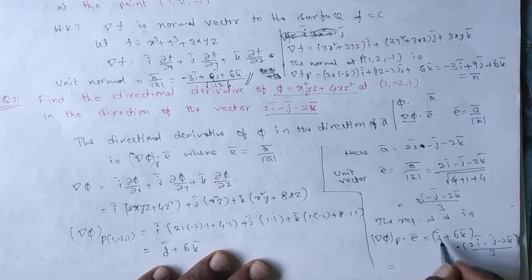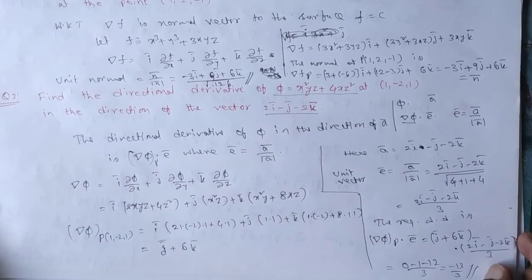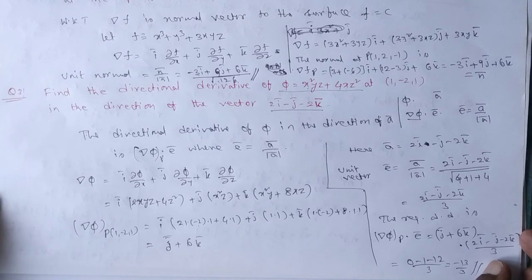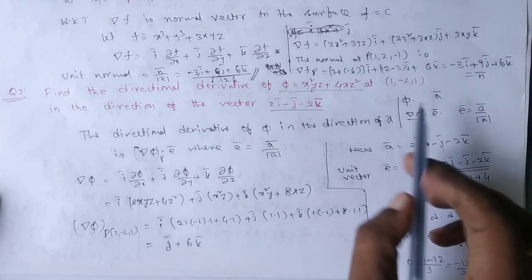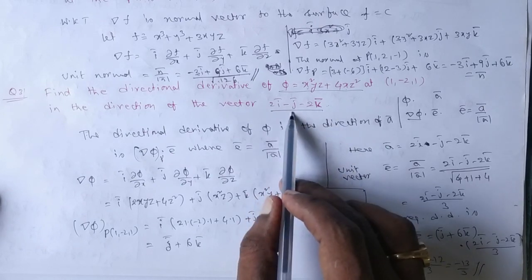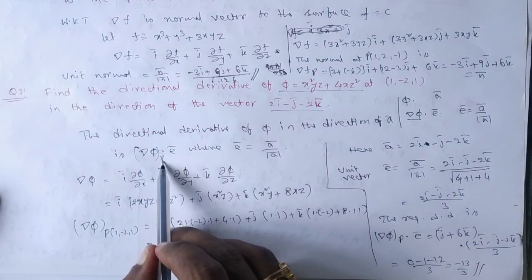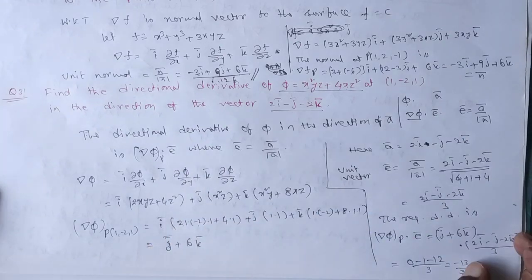The answer is now here: first one is 0, minus 1, minus 12 by 3, it is minus 13 by 3. This is our required directional derivative of the given function phi at the point 1 comma minus 2 comma 1 in the direction of this vector. So we have to remember that we have to calculate gradient of phi at that point P dot e bar. In that way you can find.